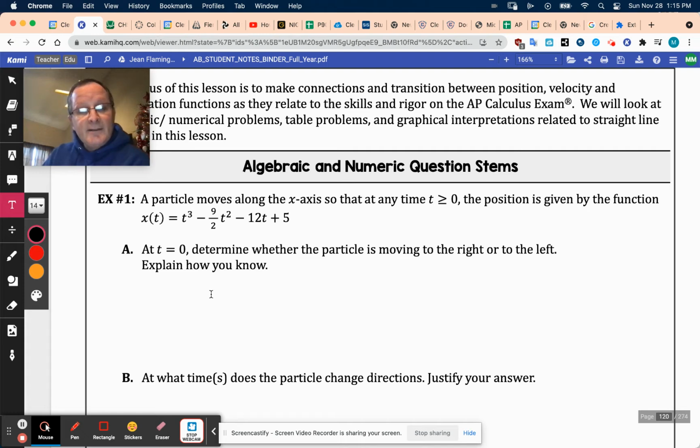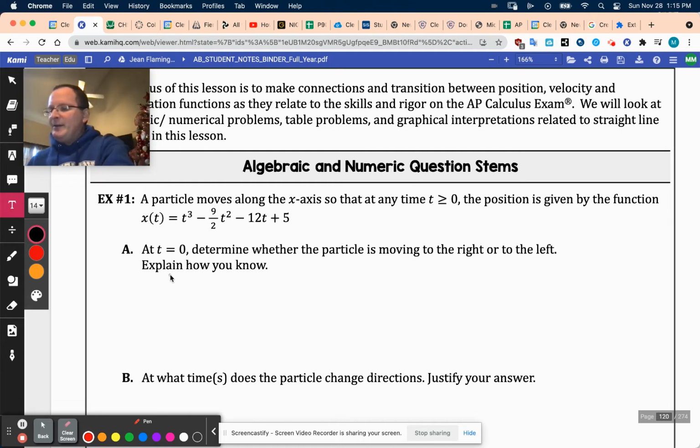If the velocity is positive, it's moving to the right. If the velocity is negative, it's moving to the left. So we have to find the velocity. Well, the velocity is going to be the derivative of your position, and the position is given as x of t.